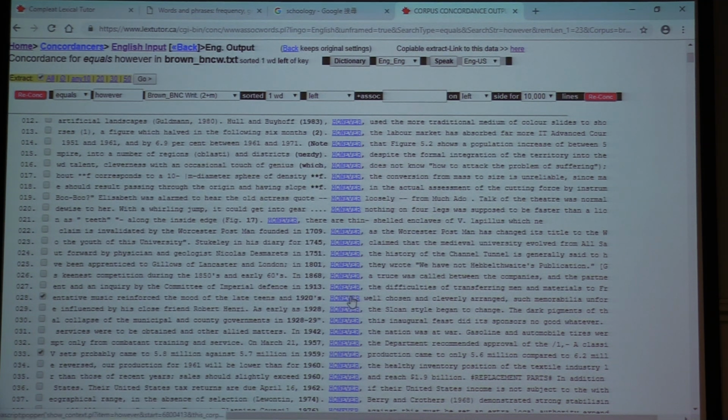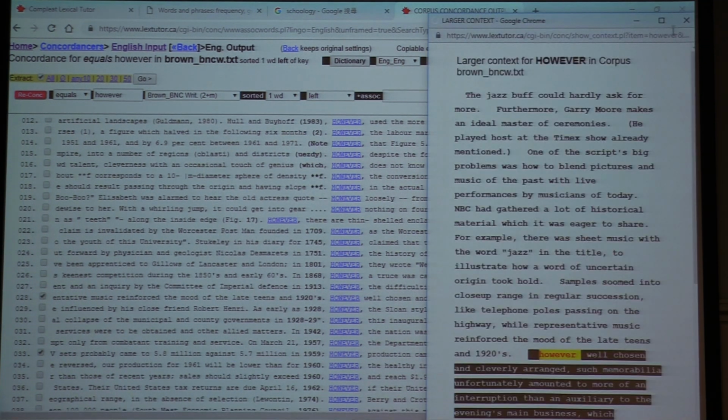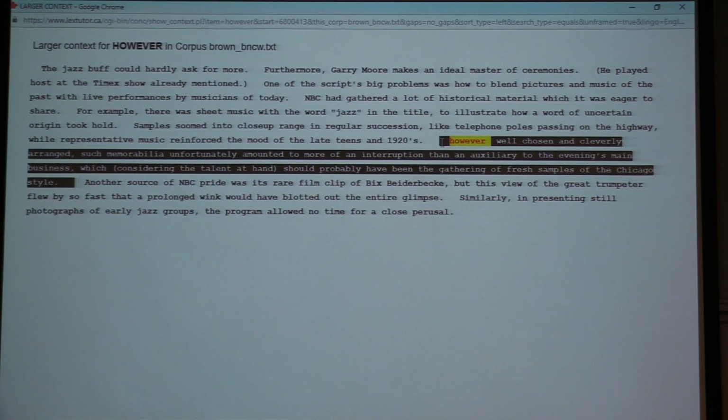Maybe you can just click on the full sentence. So, full stop, "however, we're chosen and cleverly arranged, comma, such..." In this case, "however" is used as a conjunction. Usually it's at the beginning of a sentence, and then followed by another clause.